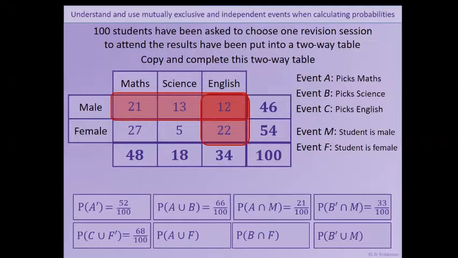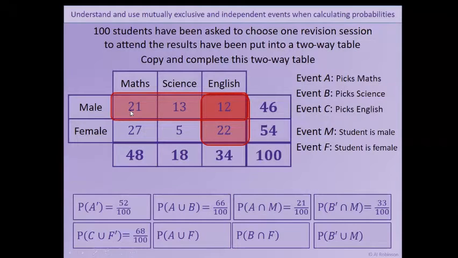So we've got the probability of C occurring, which is you pick English, union, not female. So they definitely pick English, but it's not female. So it's the union of all of English, but not female. So it will be all of these added together.